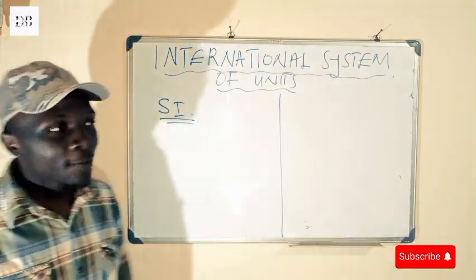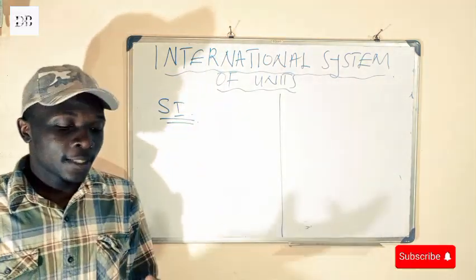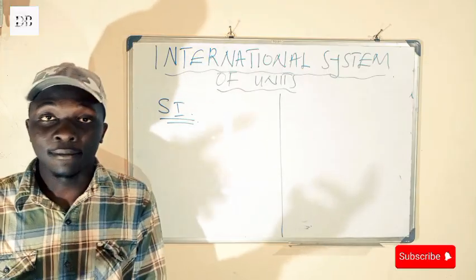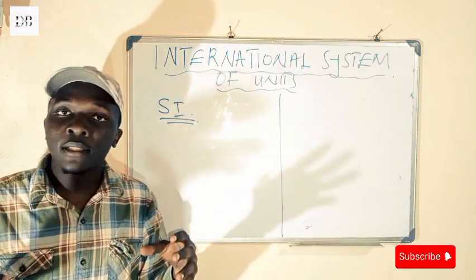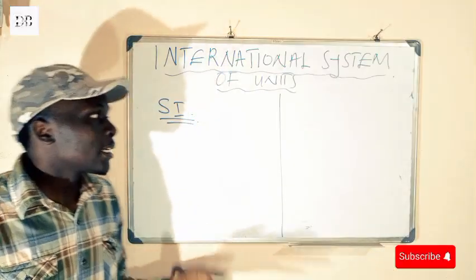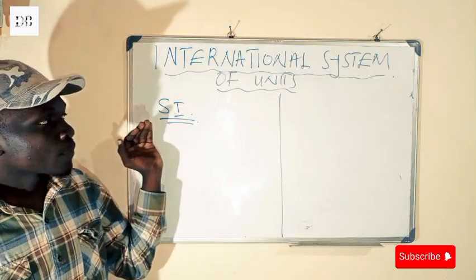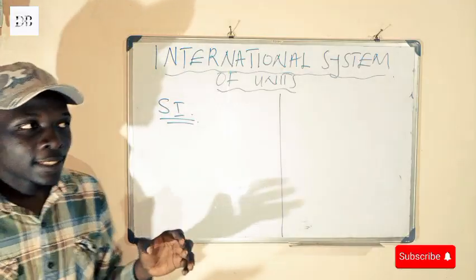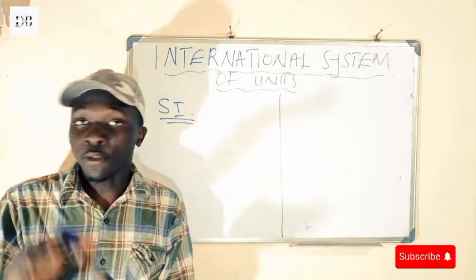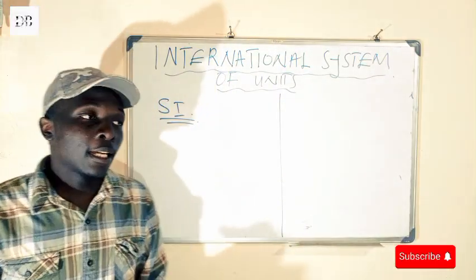So if you are measuring time, it's measured in seconds, minutes, or hours in all parts of the world. When you look at something like length, you would find that it's measured in centimeters in all parts of the world.